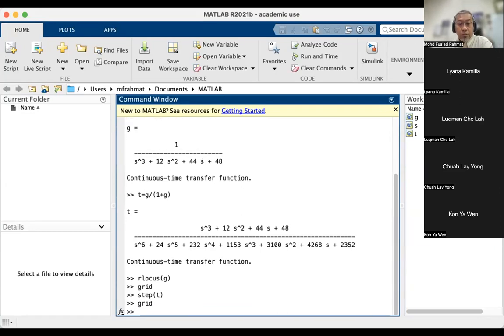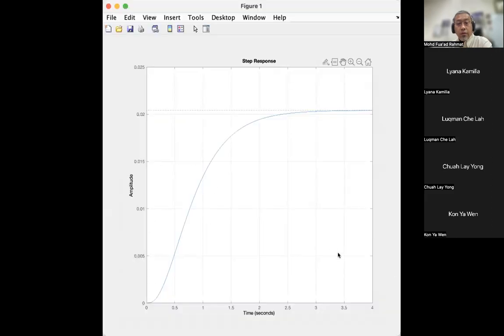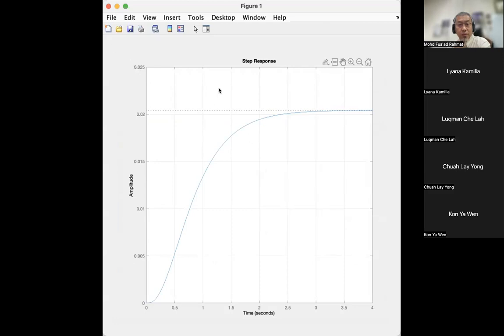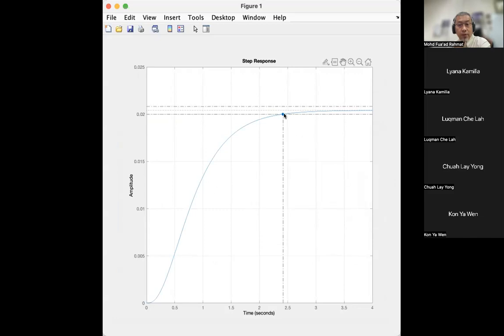Okay, and this is the closed loop response, before gain adjustment. So you want to see what is the settling time. Okay, so that is the settling time.